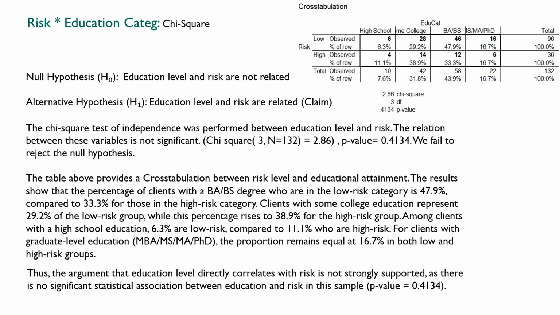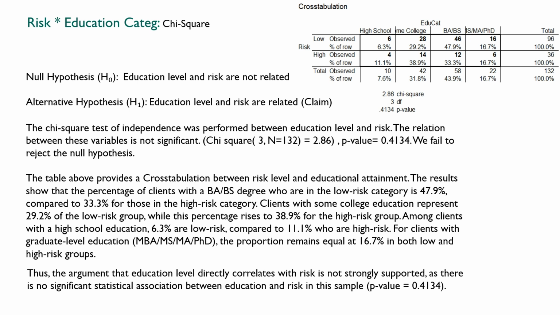The table above provides a cross-tabulation between risk level and educational attainment. The results show that the percentage of clients with a BA/BS degree who are in the low risk category is 47.9% compared to 33.3% for those in the high risk category. Clients with some college education represent 29.2% of the low risk group, while this percentage rises to 38.9% for the high risk group.